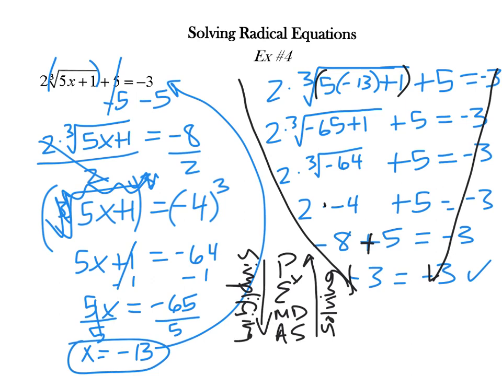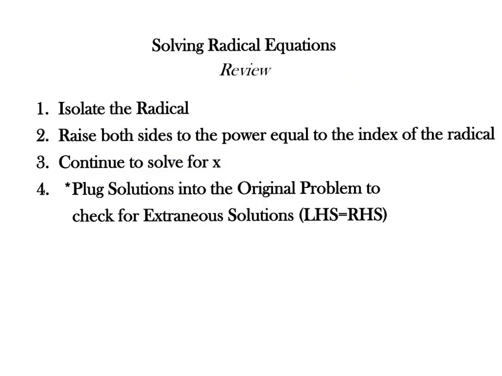All right. Let's review. Whenever you're solving radical equations, the first thing that you want to make sure you do is isolate the radical. So make sure that the radical is completely by itself. How do you do that? You do SADMAP. If you have anything in front of it, you got to get rid of it and move it to the other side.